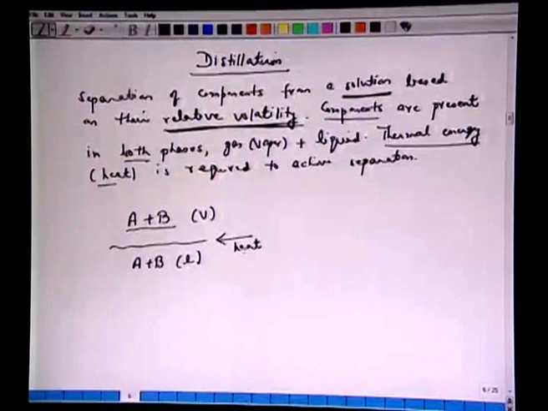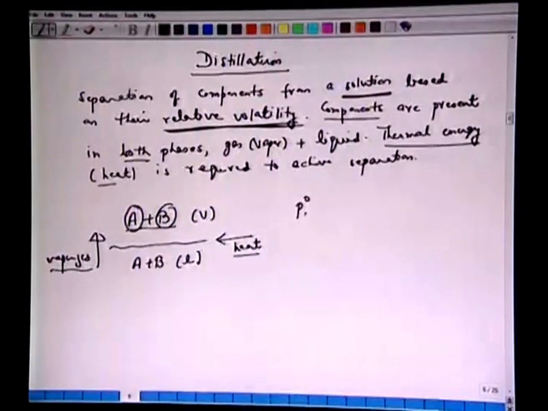There is no third component, all we have here is heat, which vaporizes this liquid. And when it vaporizes, if A is more volatile than B, that means the vapor pressure of A at any temperature is larger than the vapor pressure of B at the same temperature, now we achieve enrichment of this vapor phase with A and small quantities of B.